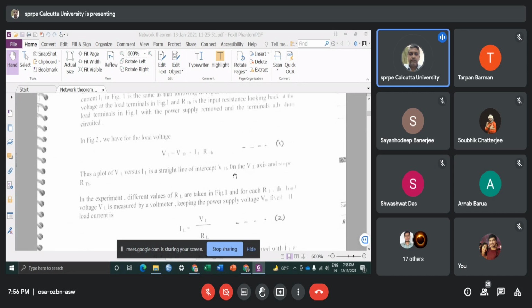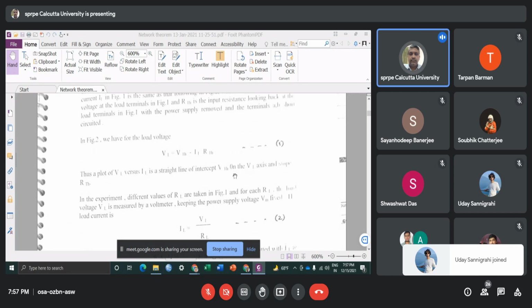Okay, and now I see that the relationship between this load voltage VL and the load current IL is therefore a straight line. It can be expressed as y equal to mx plus c, where m is the slope, and the slope turns out to be minus RTH, and the intercept on the y-axis is c, and c is equal to VTH.